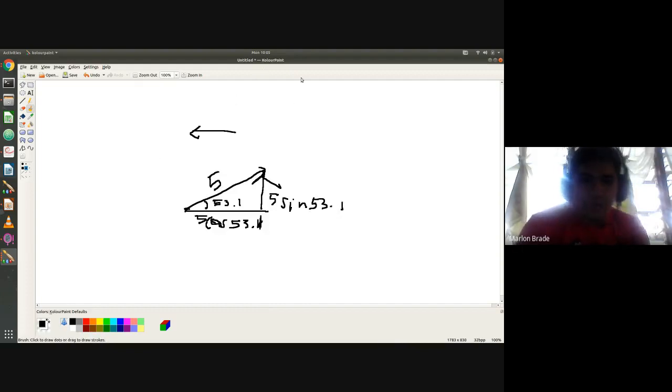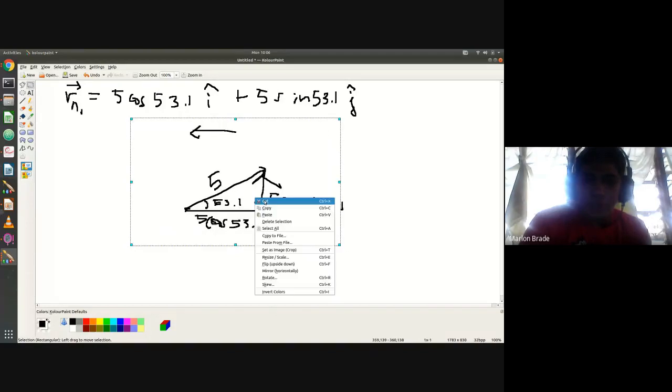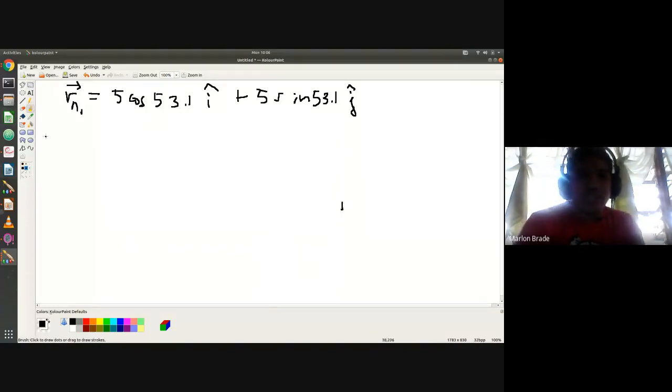So therefore Rn1 can be rewritten as 5 cosine 53.1 i hat plus 5 sine 53.1 j hat. Now what about N2? What is the direction of N2? Do we know the magnitude of N1? We don't, right?